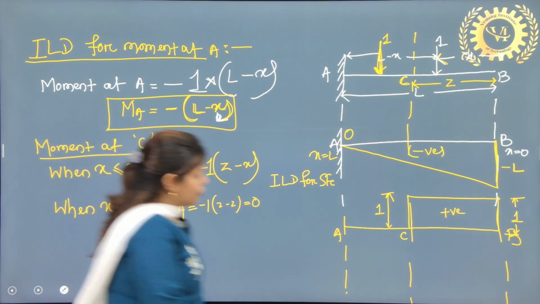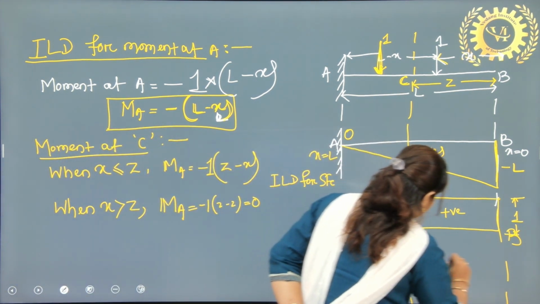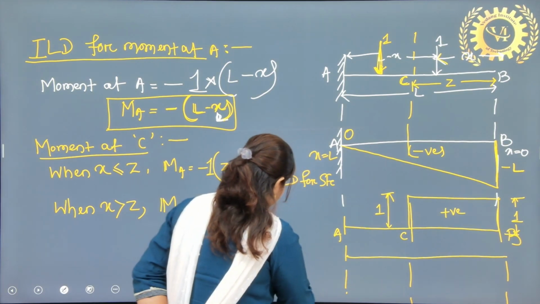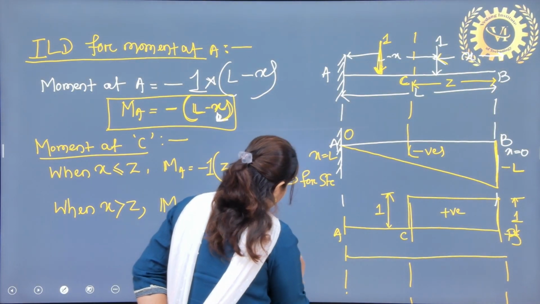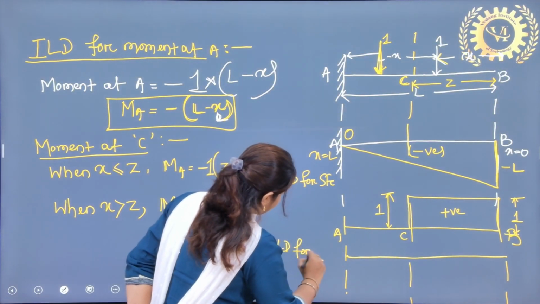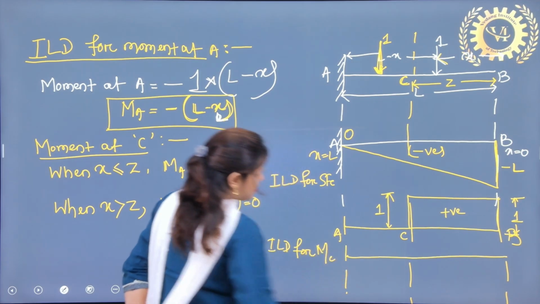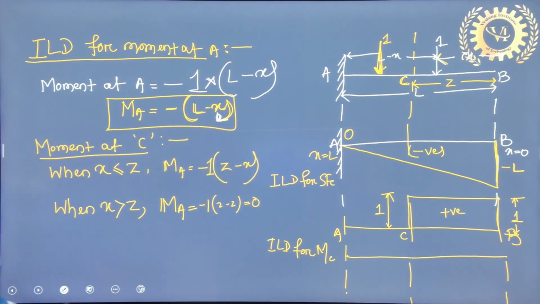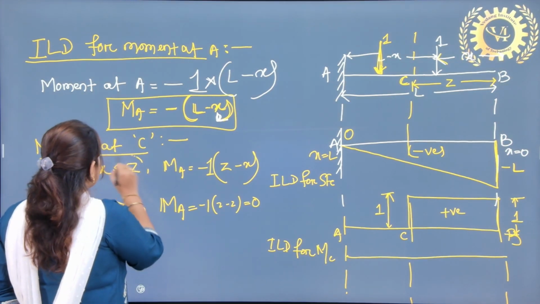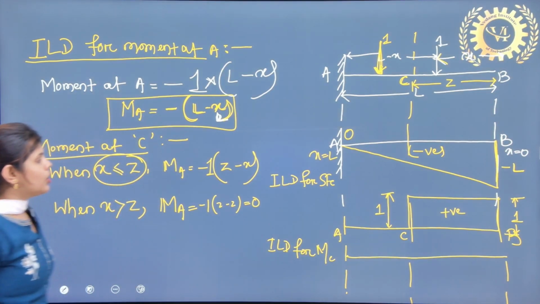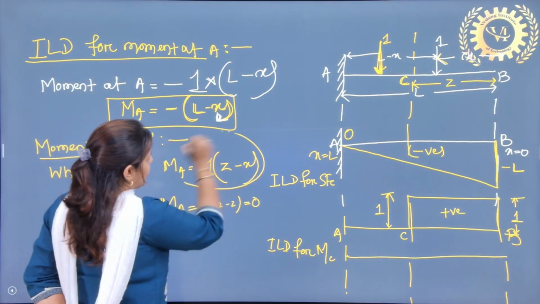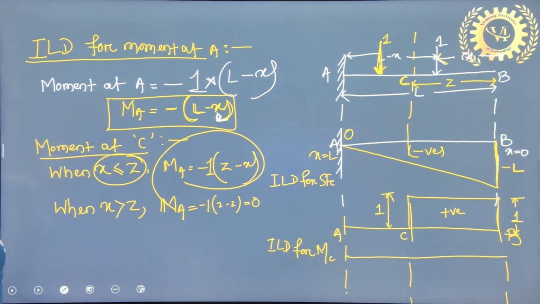If we go for the ILD diagram, you can write the ILD for moment at C. You can see that when x is less than z, the moment becomes negative. Up to which point?